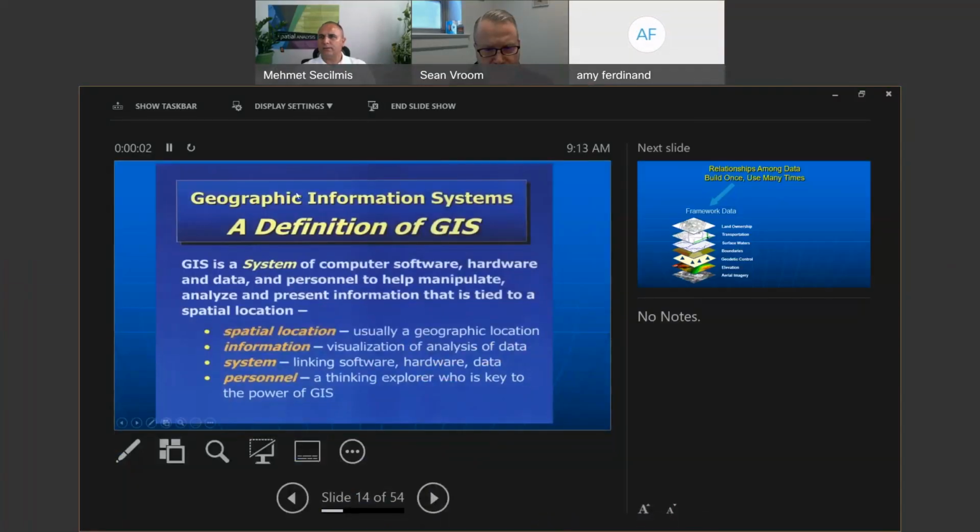Do you see my screen? Do you see the slideshow?